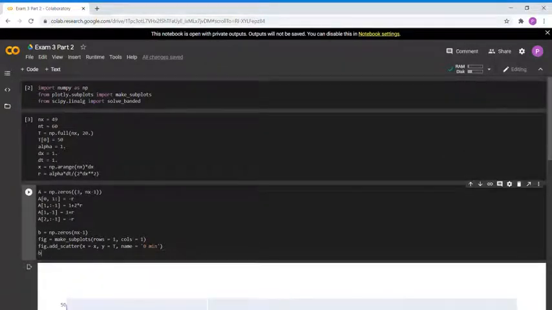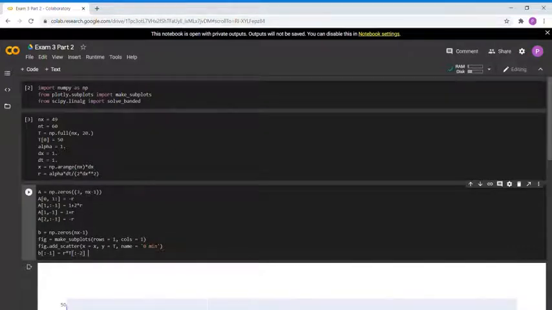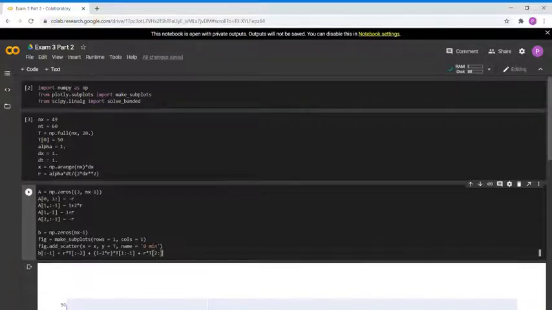Next, I will have a B from the first position to the minus position, excluding the last position. It would be R times T of -2 plus 1 minus 2 times R times T from 1 to -1 plus R times T from position 2.